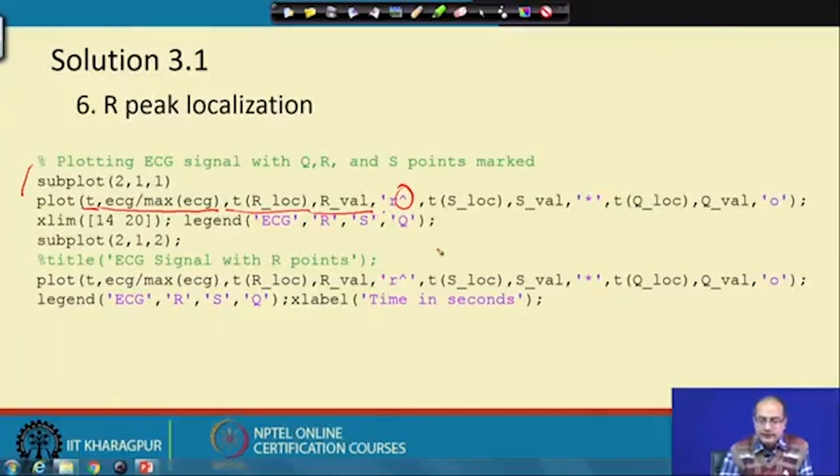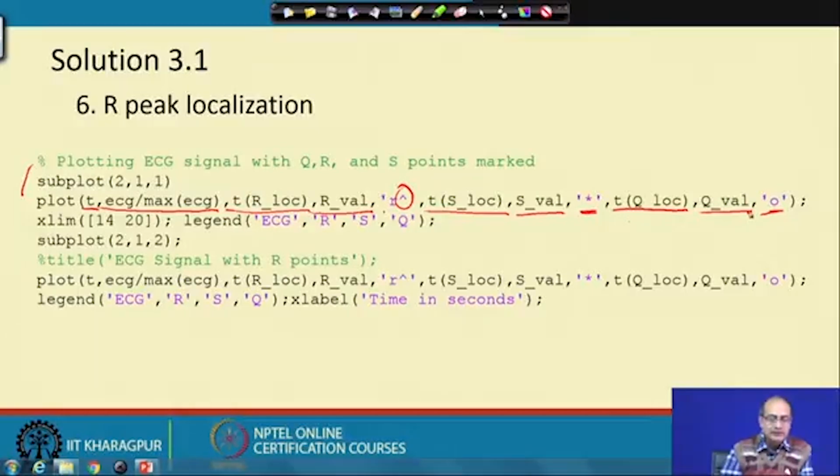Okay. Next, same way we draw the S location and the S value, and with the help of a star, that is designated. Next is Q, the location, time we are getting here, and the value of the Q in the y axis we get here, and we use the symbol O to give that location. Okay.